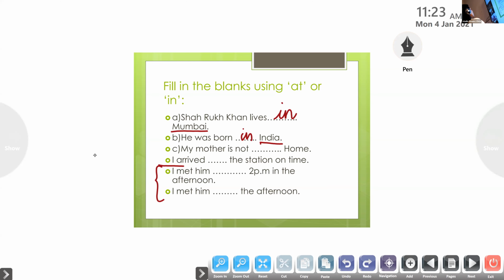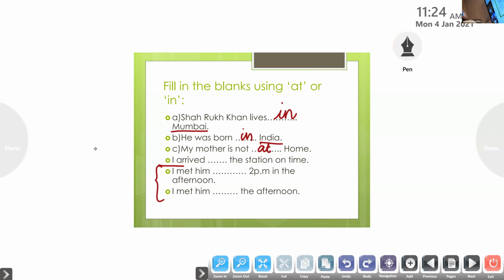My mother is not at home. Very good. When it talks about a country, a town or a city, which preposition do we use, children? We use "in". When it tells about a specific point or a particular point where something is located, we use the preposition "at". Clear? Okay, Nora, do the next one for me.